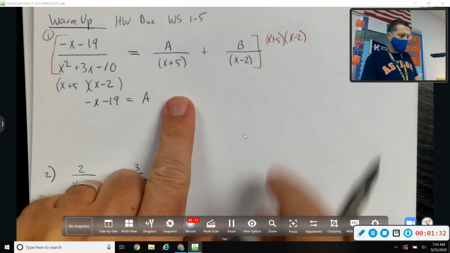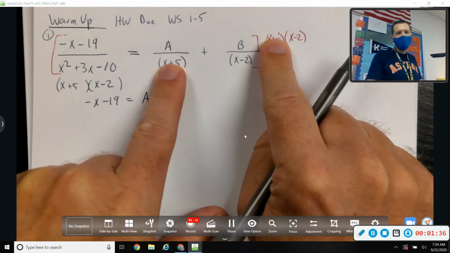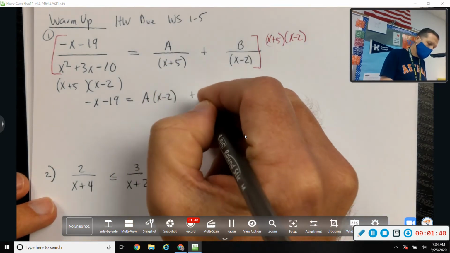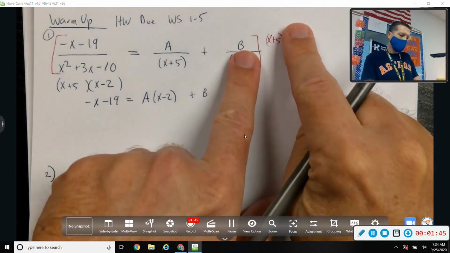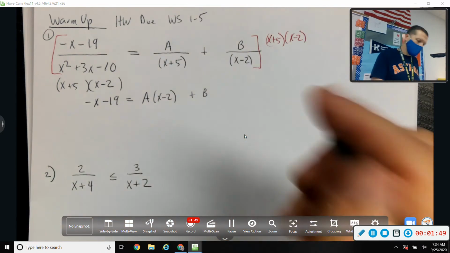On the a term here, the x plus 5s would cancel, and that would leave x minus 2. On the b term, the x minus 2s would cancel, and that would leave x plus 5.